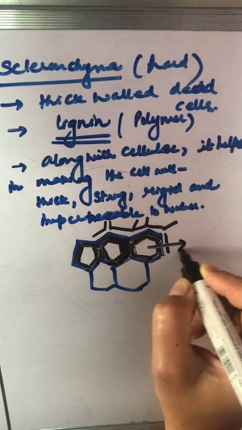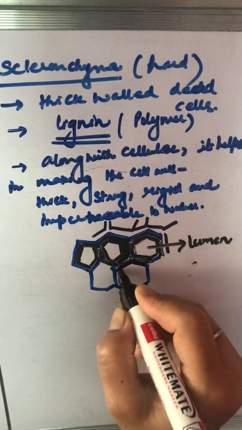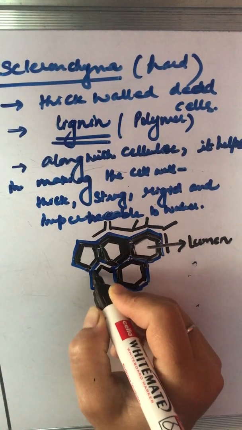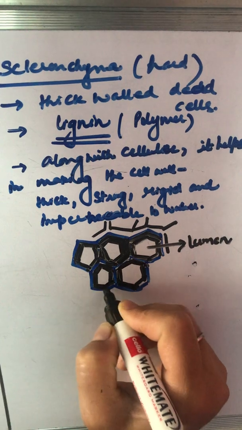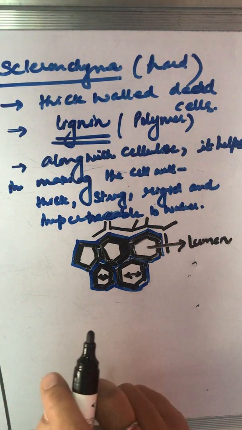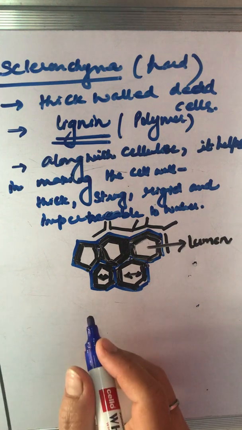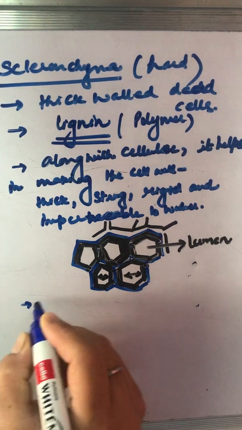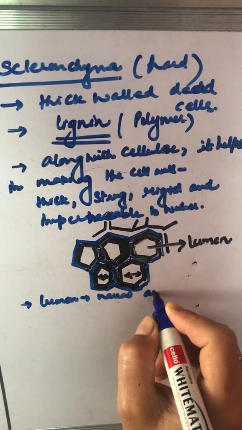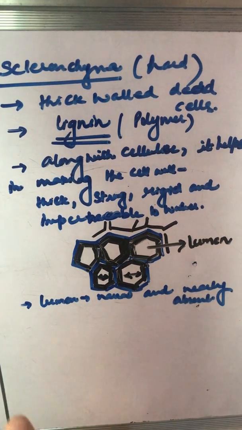This cavity is known as lumen or cavity. If these deposits are present, it is making the lumen narrower and narrower. Reducing the area. Just look at the area now. It is reduced. So we say that due to the depositions, the lumen becomes narrow and nearly absent. Fine.